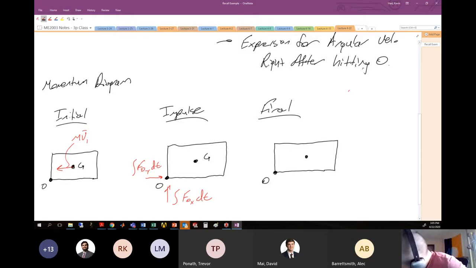And here's point G. And we said that once we struck point O, this box basically has fixed axis rotation about the corner of the box at point O. So with fixed axis rotation, we have this sort of radius arm to the center of gravity, which will cause the velocity to generally be in this direction, which is tangent to the circular path that this point will have about the rotation of O. So here, this is mv2.